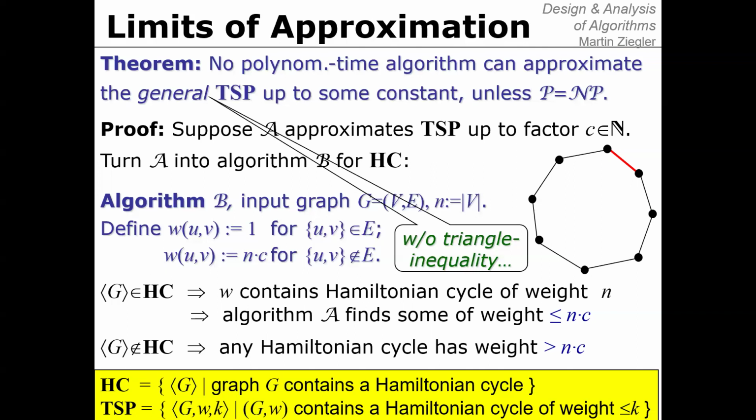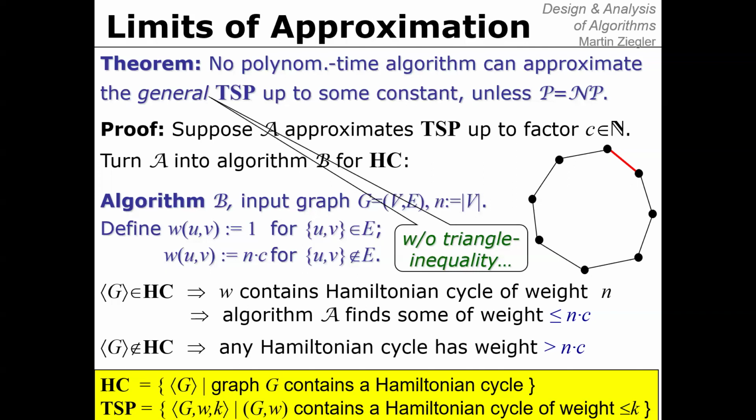So by checking the output of the approximation algorithm, algorithm B can distinguish these two cases and therefore can decide whether the original graph had a Hamiltonian cycle, a decision problem, in purported polynomial time, which is a contradiction, since we suppose that P is not equal to NP. This contradicts that algorithm A approximates the non-metric traveling salesperson problem in polynomial time.